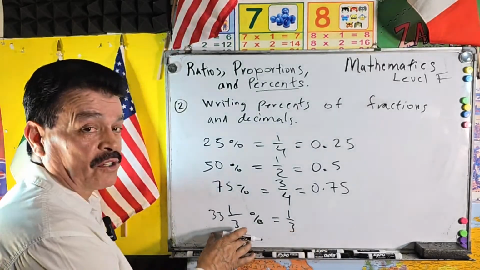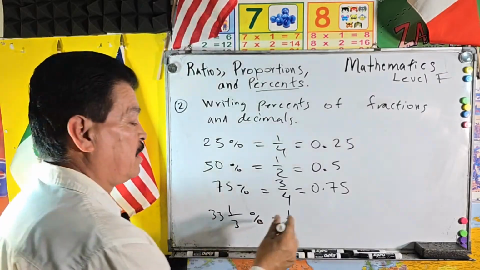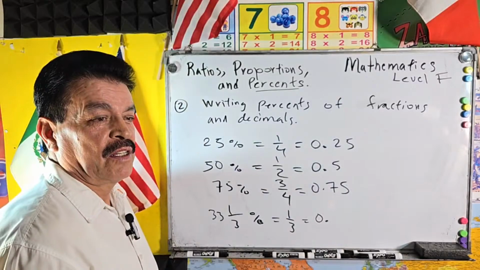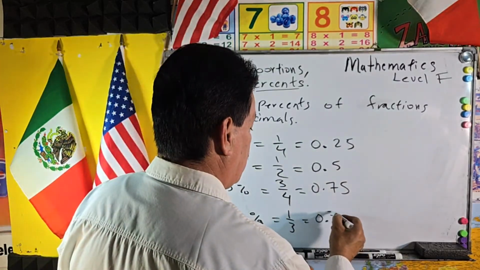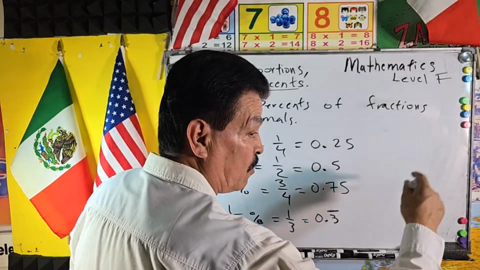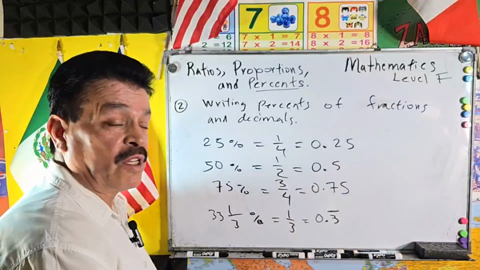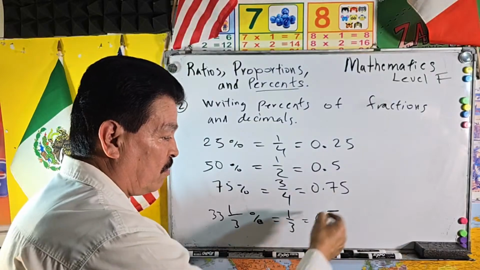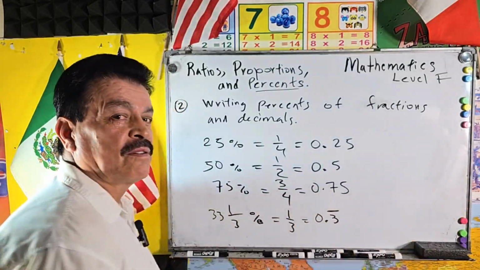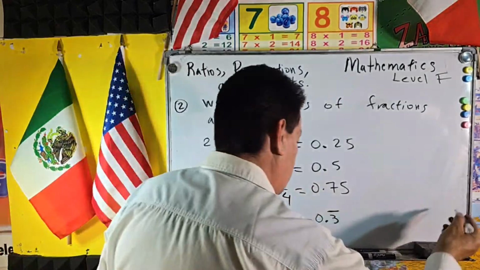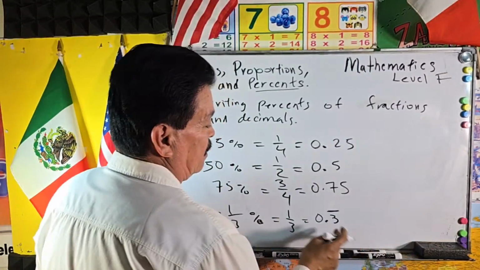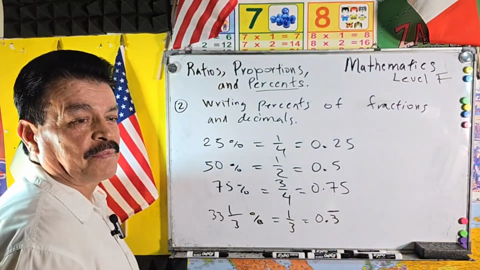Yeah, 1/3. So 1/3 is equal to 0.3. When you write this dash on top, this means it continues, it's continuous, going on. So more 3s. You don't want to write a lot of 3s, just write it like that.